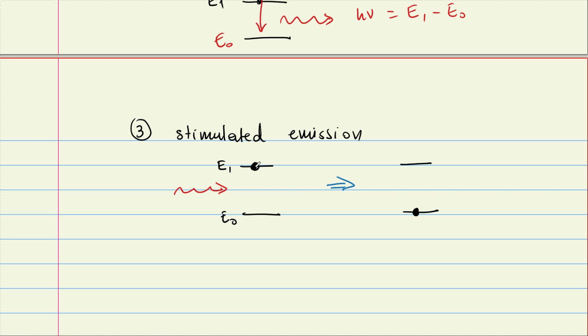Normally it absorbs this light if it is in the ground state, but there is an energy difference, and what's going to happen is that it's going to give rise to 2 photons. So this is h nu, and this is h nu. So you basically duplicated the photon you sent. You can amplify it. You have a photon you want to amplify, you send it to here, and then it doubles. And this is going to be exactly in phase with what you sent.